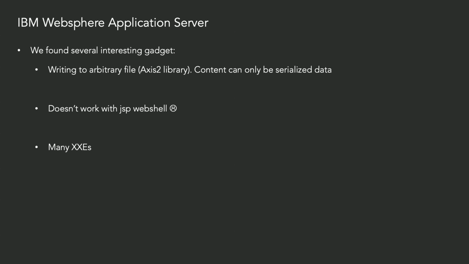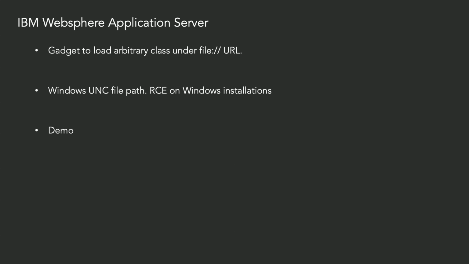So I have access to a gadget that writes to an arbitrary file. Unfortunately, it doesn't work with a JSP web shell, but you can use it to, for example, override /etc/passwd and make the system unusable. Because WebSphere by default must run under the highest user, as documented by IBM, and that gives many accesses, so it can lead to local file disclosure.